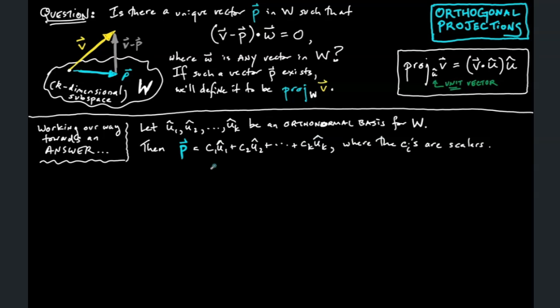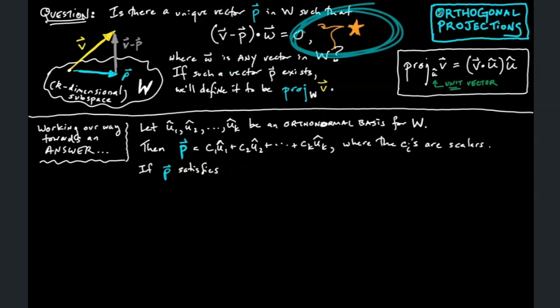So let's see what we can figure out about those constants, C1 through CK. Well, we don't have that much to work with. What do we know here? We know that P, our prospective orthogonal projection, has this special property that if you subtract it from the given vector V and then take the dot product of that difference with any vector at all in the subspace W, we'll get 0. That's a powerful condition, so maybe we can squeeze something out of that. So if P satisfies, what should I call this condition?